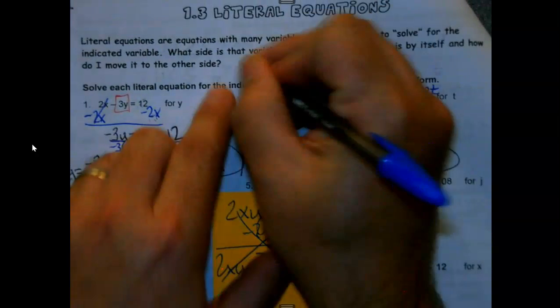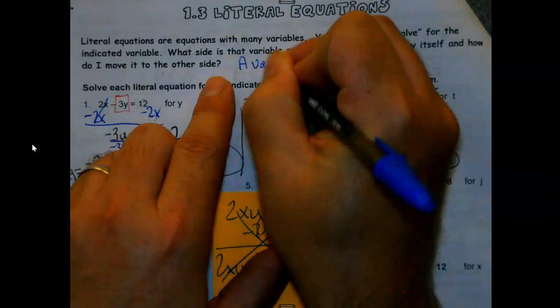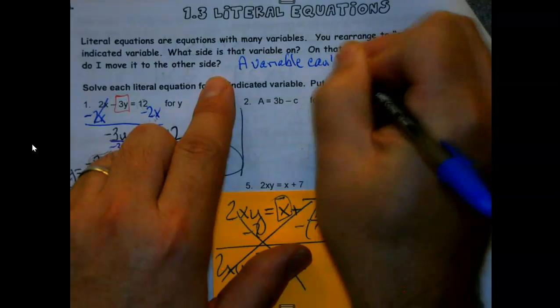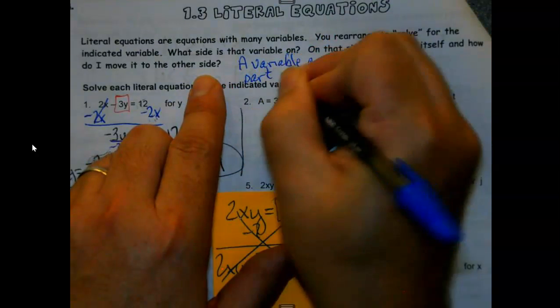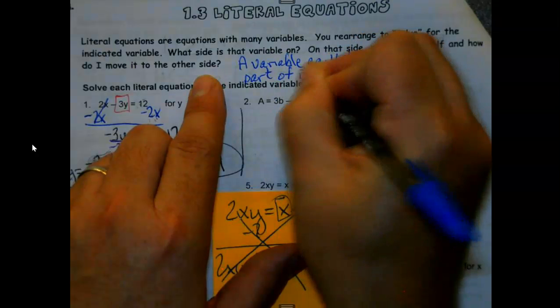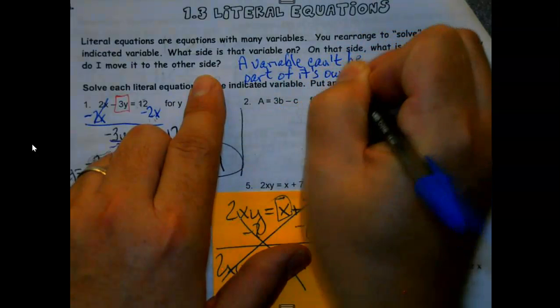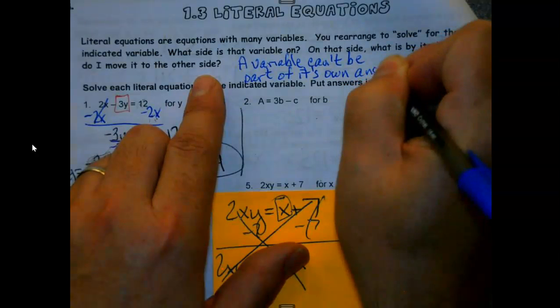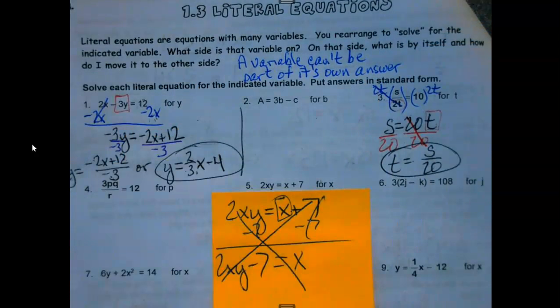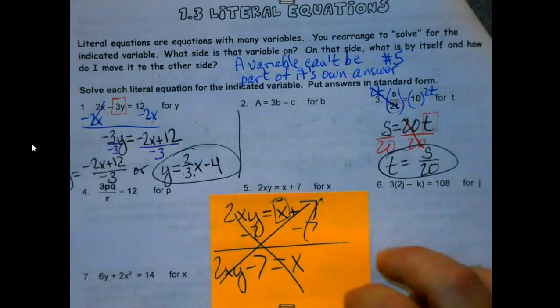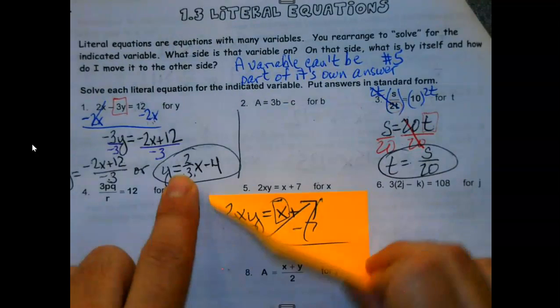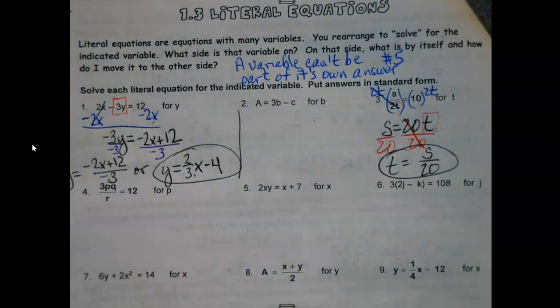So, a variable can't be part of its own answer. Okay? I'll even put number 5 here so we have a reference point. So, okay, if that's not what I'm allowed to do, what the heck can I do? Well, I'm going to tell you.